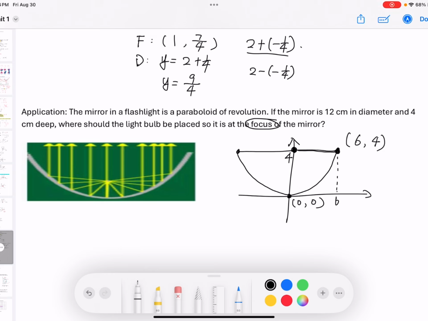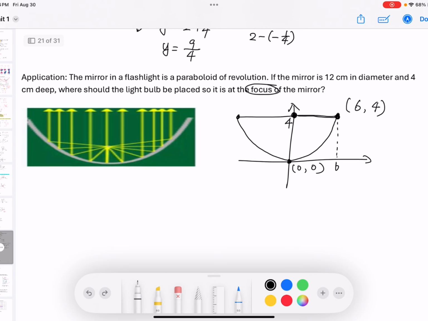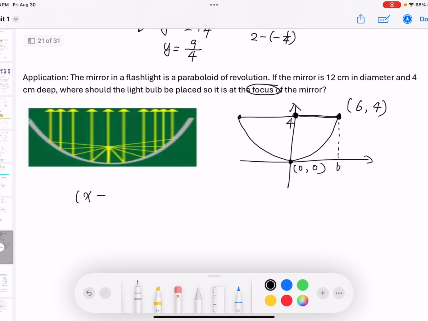So we have one point that is my vertex, and one point is on my parabola. Can you find the equation of this parabola, and can you find the focus of the parabola? Yes, we can find it. First, we know the shape is (x minus h) squared equals 4a times (y minus k).